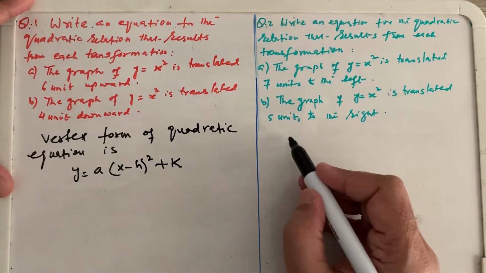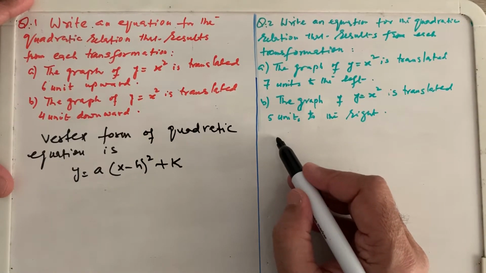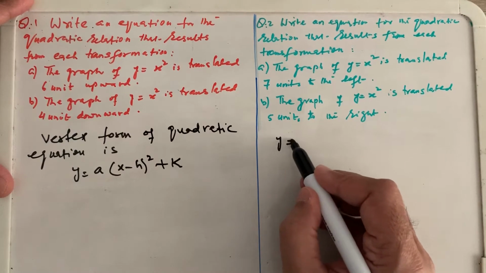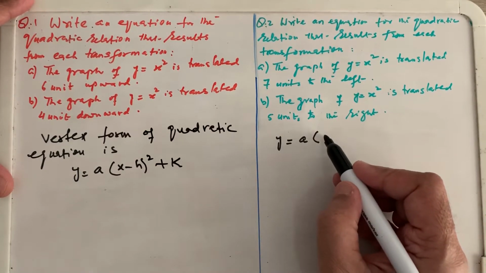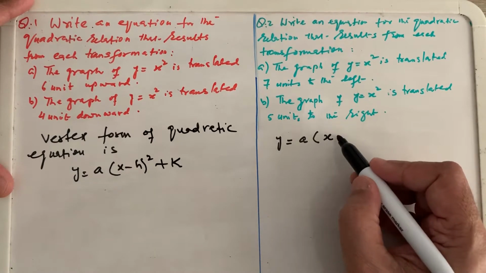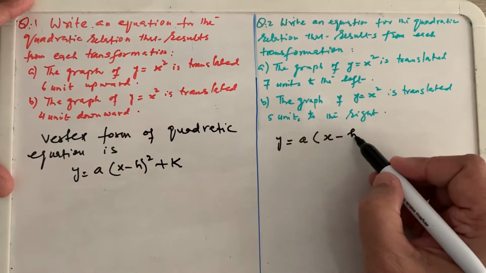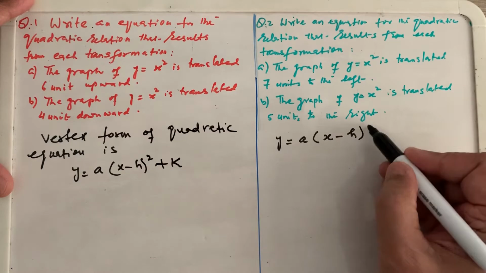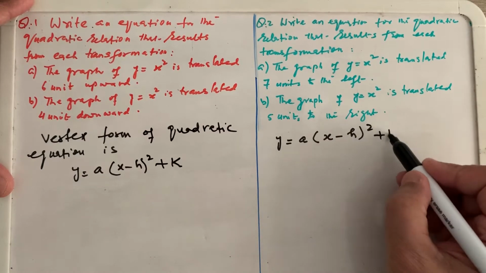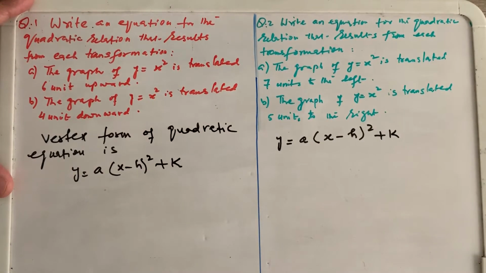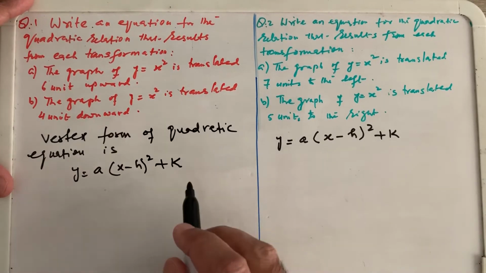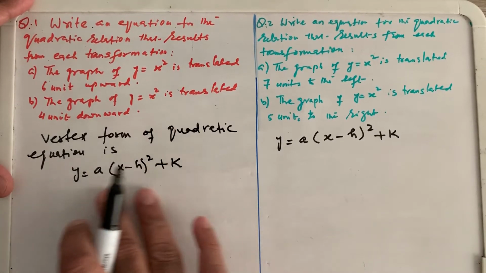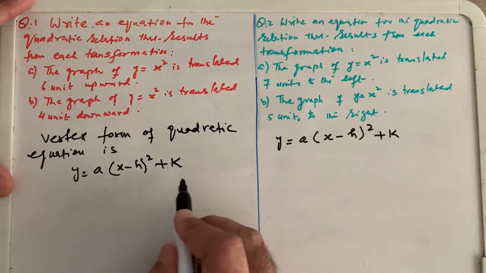So we will be concentrating on this equation, and I advise students to remember it as the vertex form of a quadratic, or vertex form of a parabola, right? We will only concentrate on these two questions, and it will be good for the kids to know what the vertex is in this form. The vertex is (h, k).